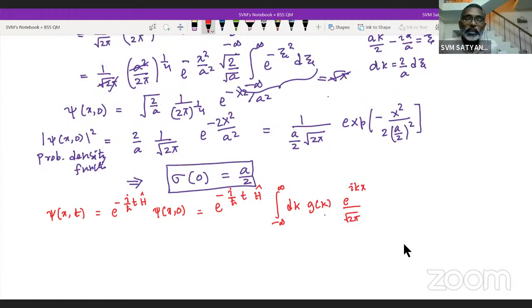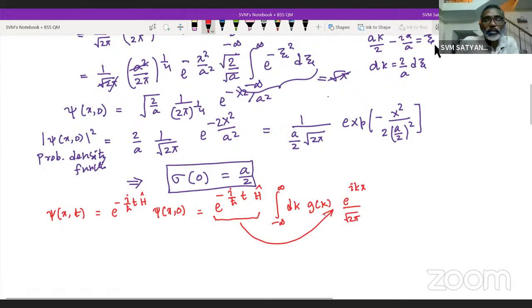When I have something like this, this operator will not act on g of k, because this is a differential operator in x. So this will act only on this. And what is the action of this one on that? That is what we have written here.